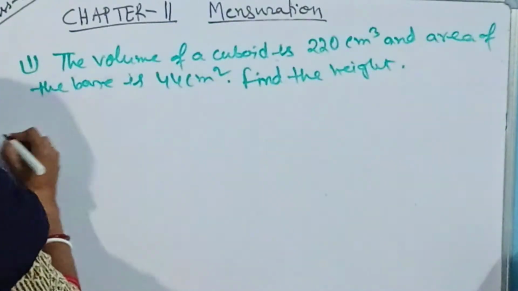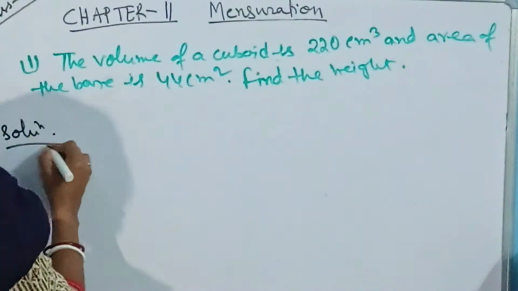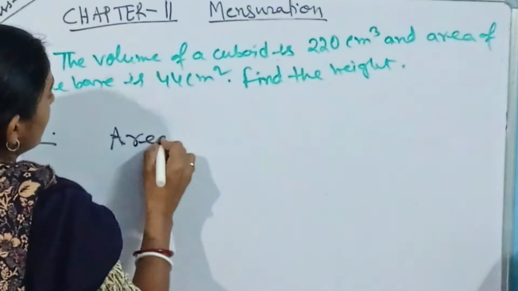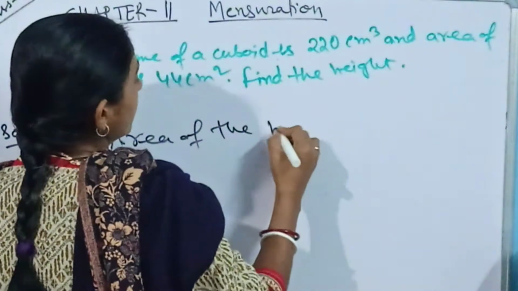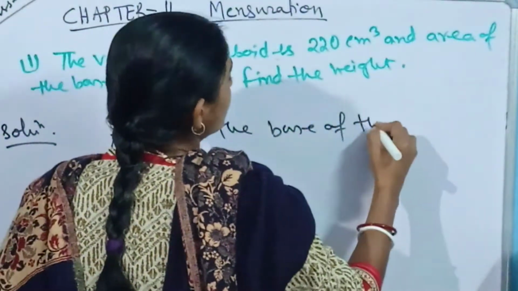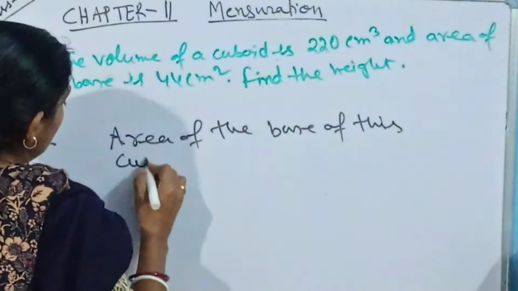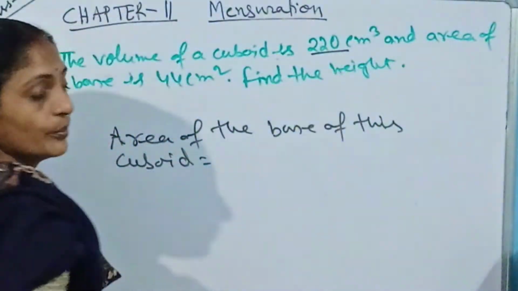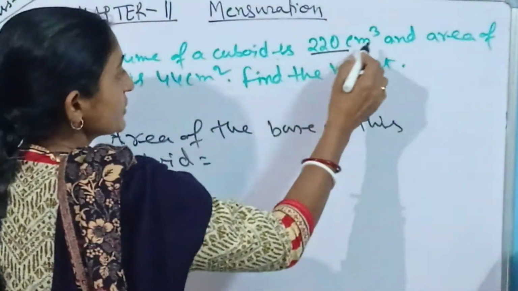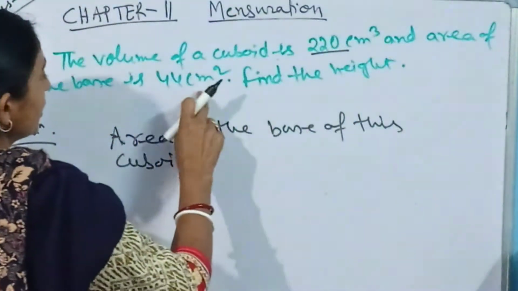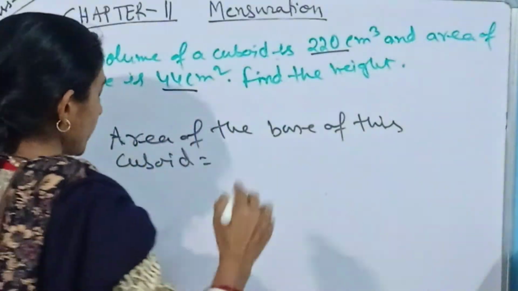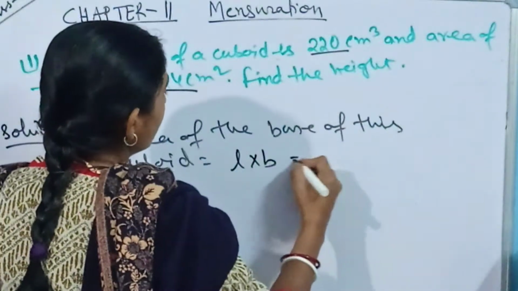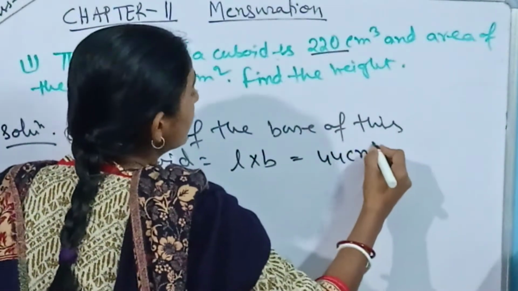So here in the solution we can write that the area of the base of this cuboid, that is L into B, is given as 44 centimeter square, and the volume given is 220 centimeter cube.